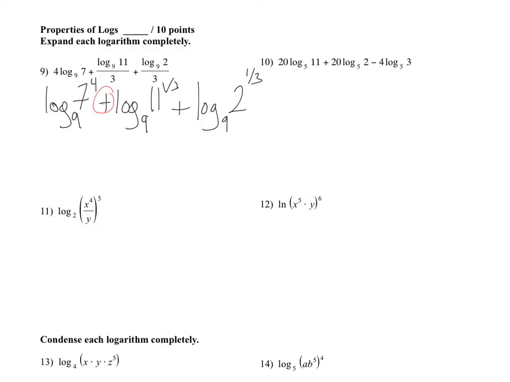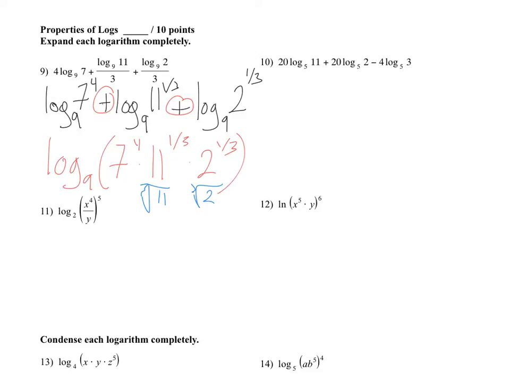Next up, because I'm adding these logs, the same thing as multiplying on the inside, I could rewrite this as log base 9 of 7 to the 4th times 11 to the 1/3 times 2 to the 1/3. You could also have written this as the cube root of 11 and the cube root of 2 instead of to the 1/3 power.